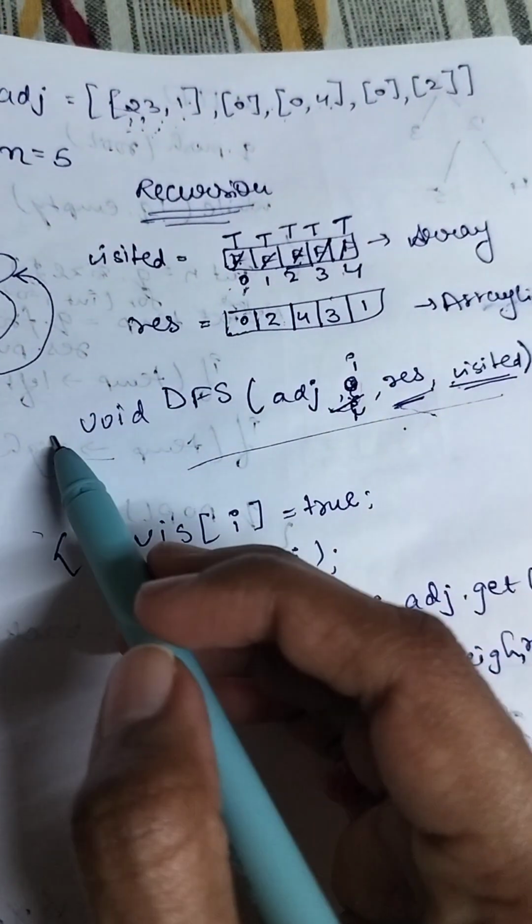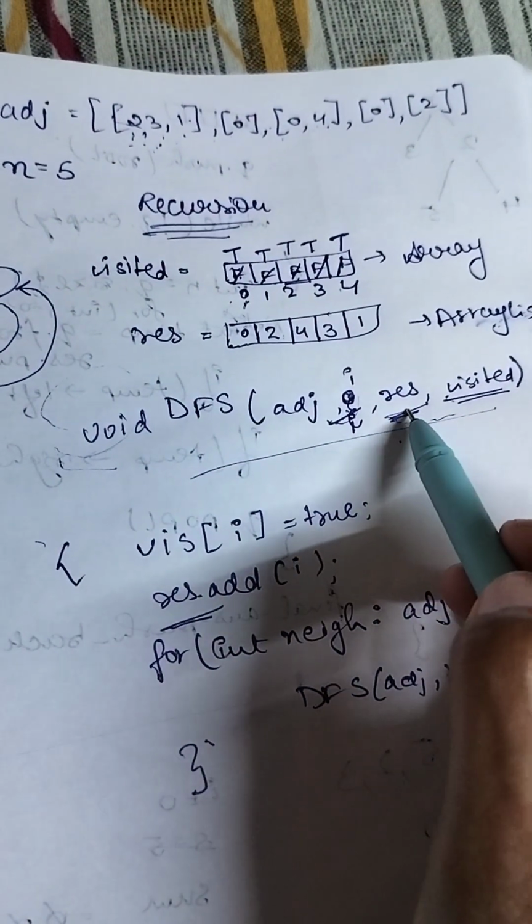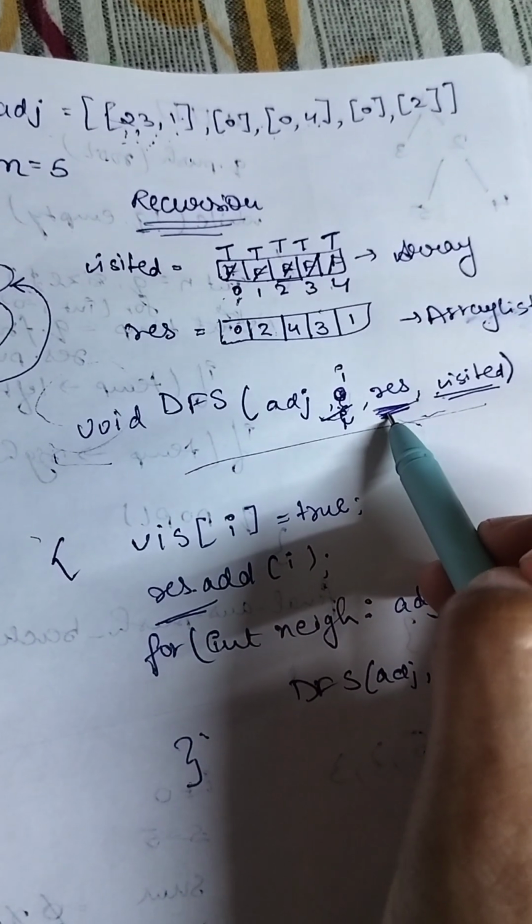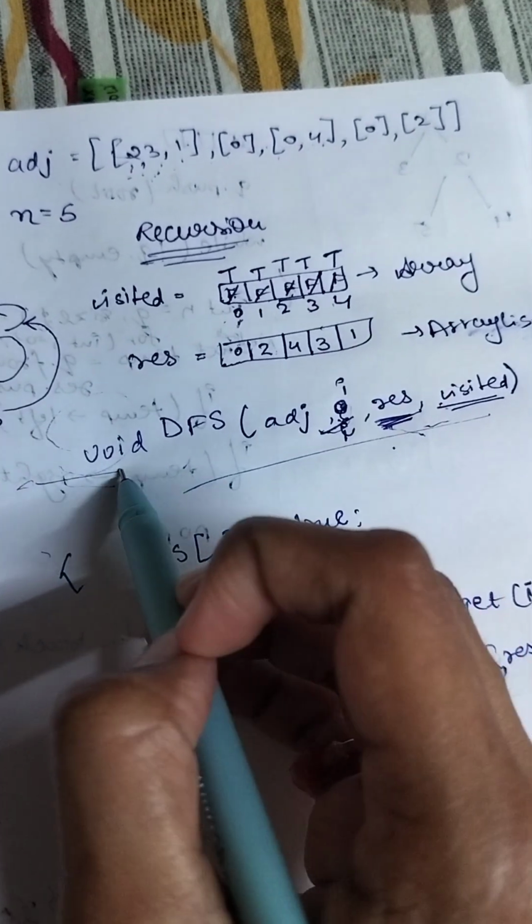That's it. I made it a void function and I'm returning res. I included res in the arguments, so that's why I can keep it as void and then return it in my main function.